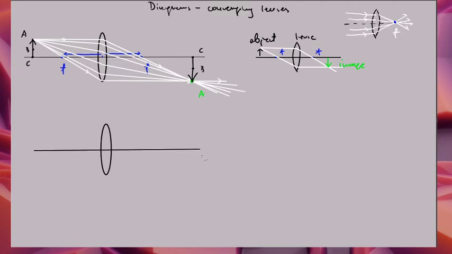And let's say that you have the focal point. Well, let's put the object first somewhere, because it'll help me see it better. So if I have an object here, and point A is right here, this is the tip. Point A is right here.